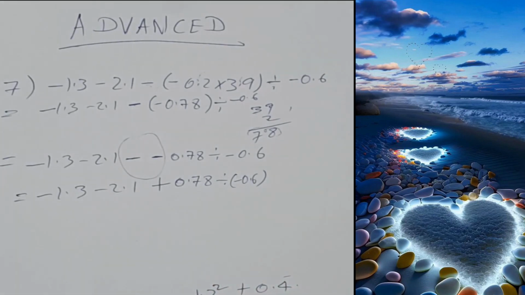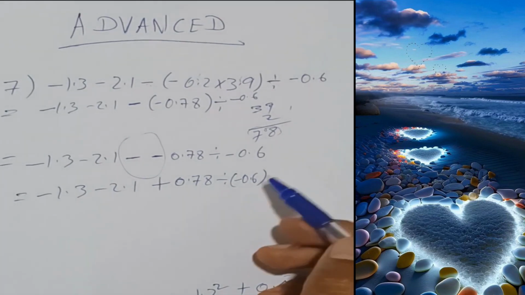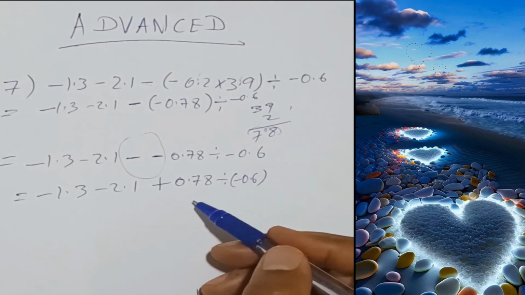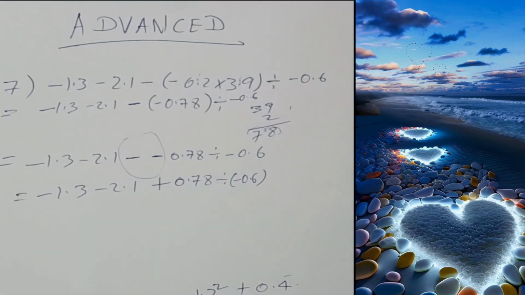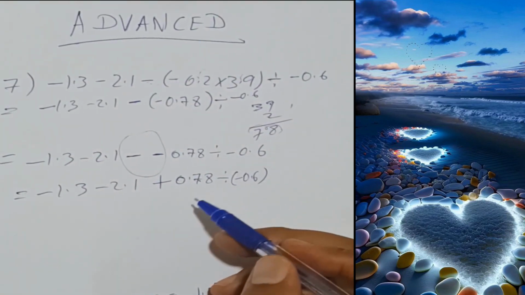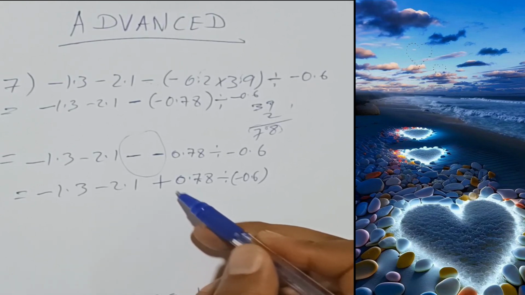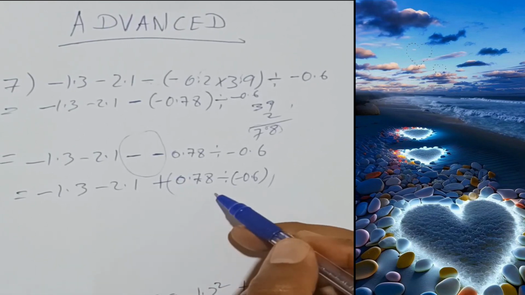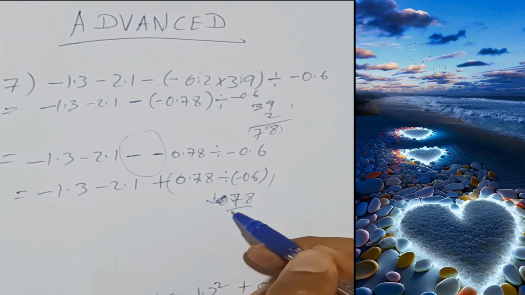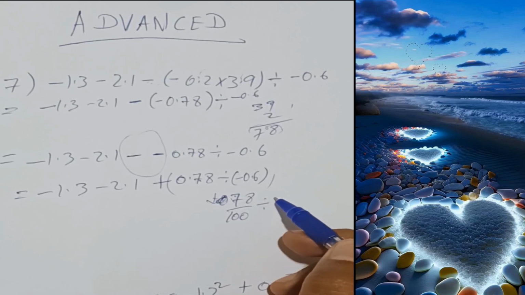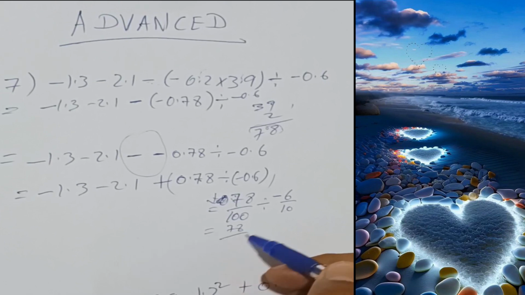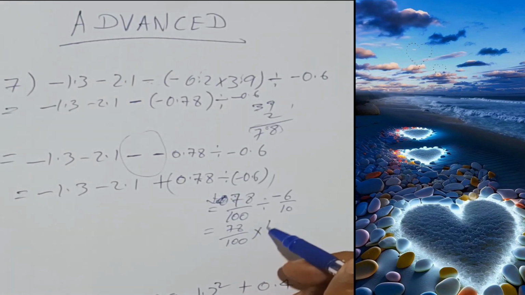Let me do this part only here. 0.78 means 78 over 100, divided by negative 6 over 10, which is equal to 78 over 100 times 10 over 6.